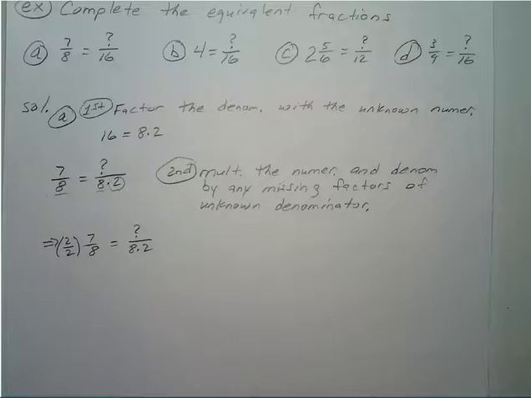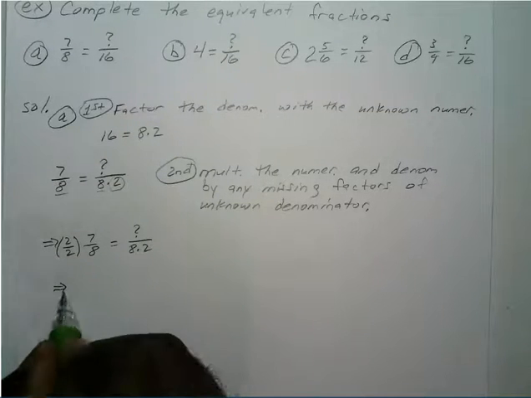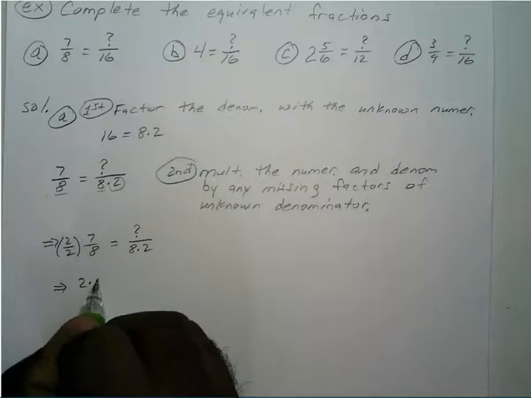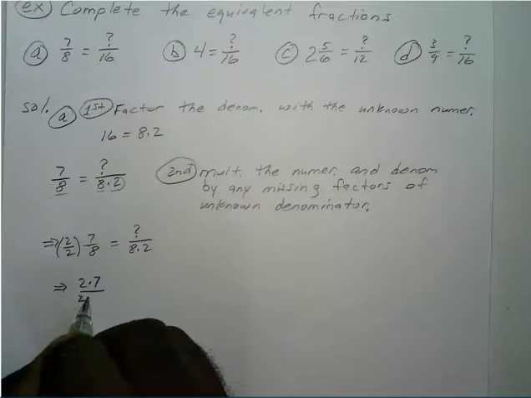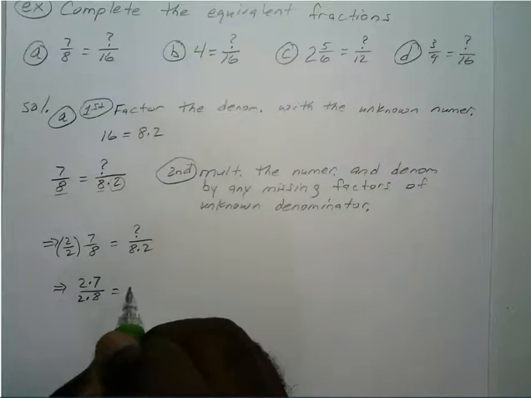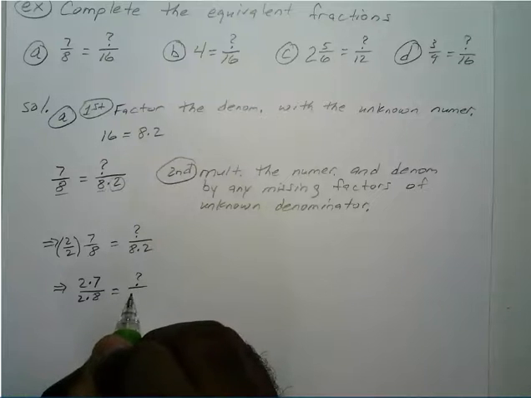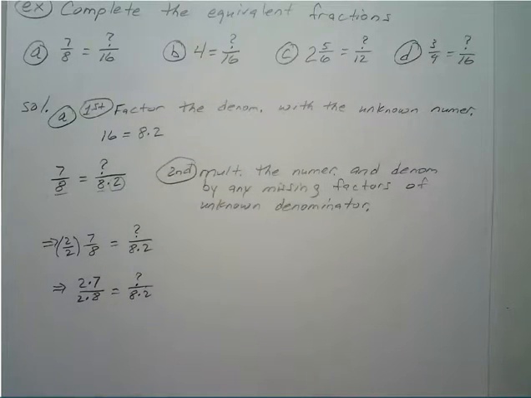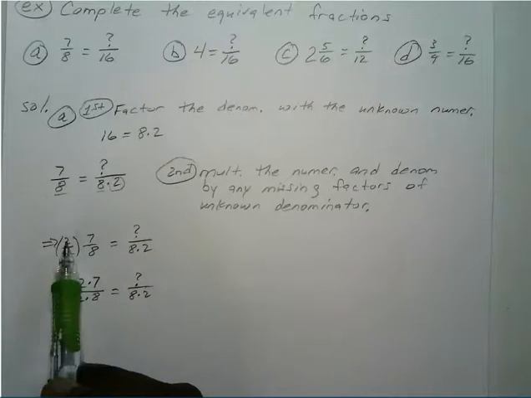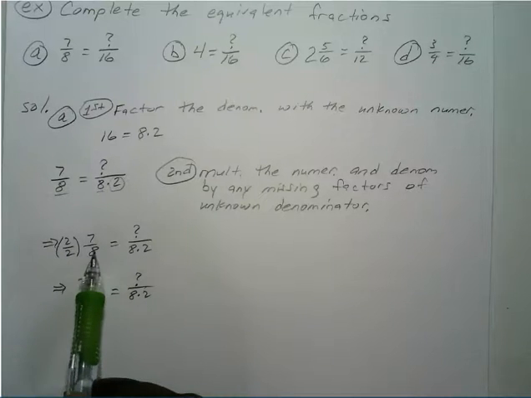Okay, so what does that give us? Well, that gives us 2 times 7 over 2 times 8 equals some unknown over 8 times 2. All we did was multiply this 2 and this 7 and this 2 and this 8.